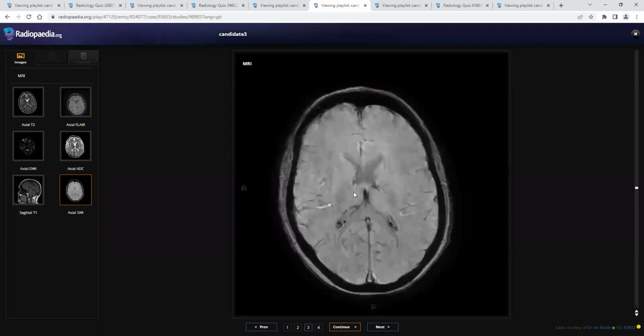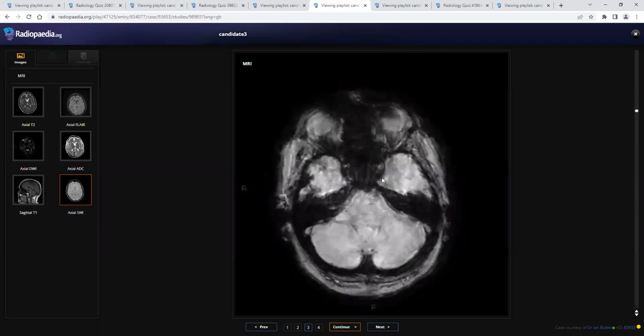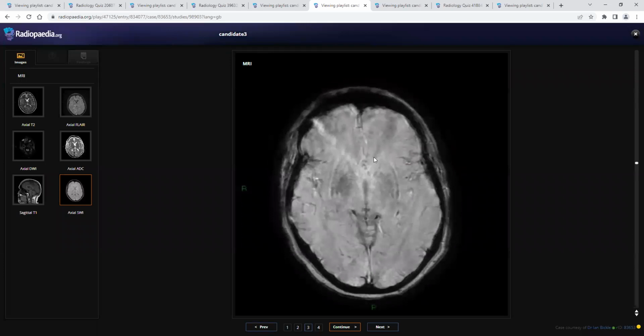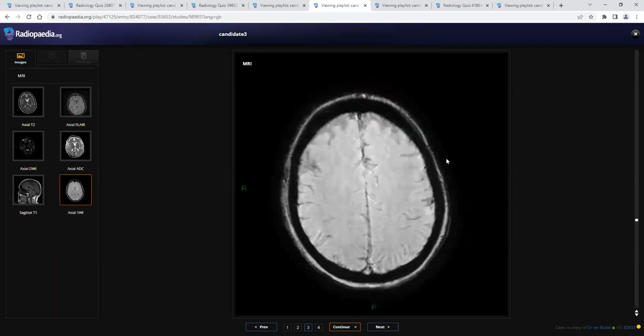What do you tell the clinician? I will refer the patient to the stroke team, because as it's early, the patient might be in the thrombolytic window, so I will refer the patient for thrombolysis.